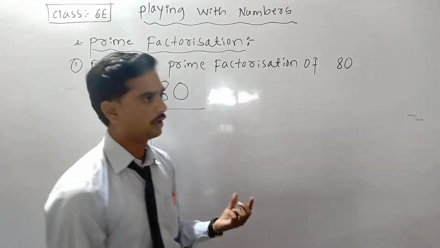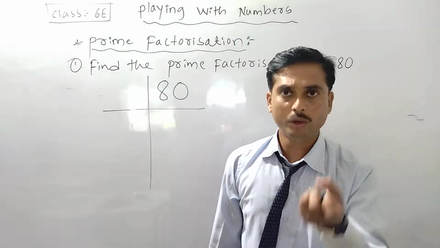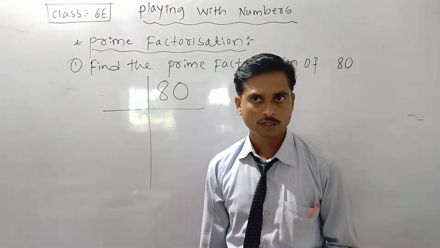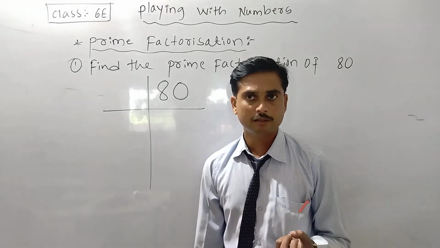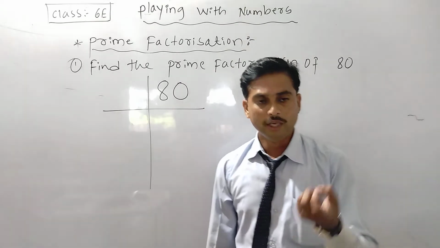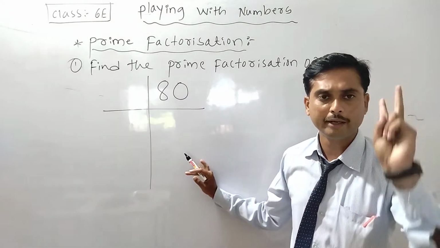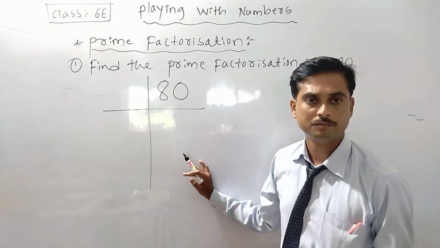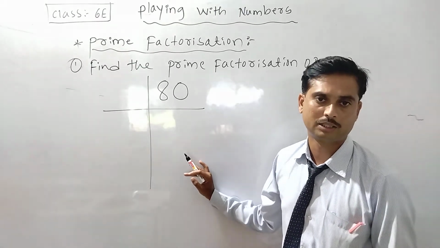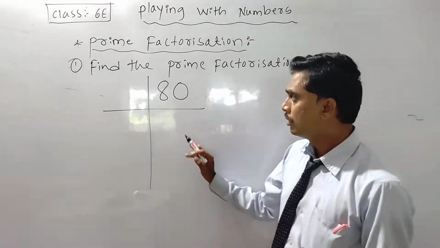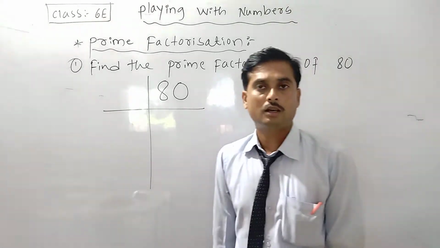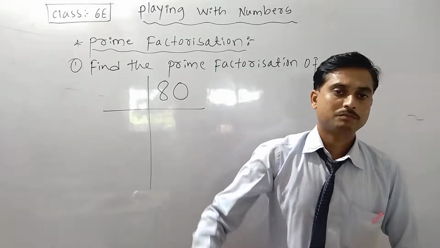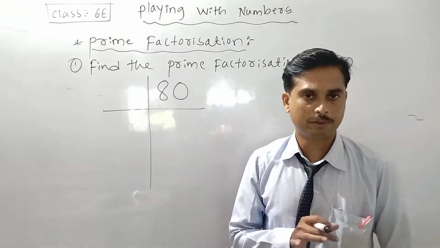only prime numbers, because already we discussed it. What is a prime number? Prime number means which numbers have only two factors, those numbers we are calling prime numbers. Prime numbers means those numbers are completely divisible by one and itself.